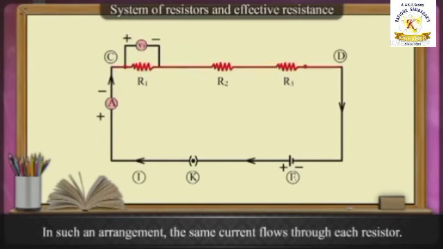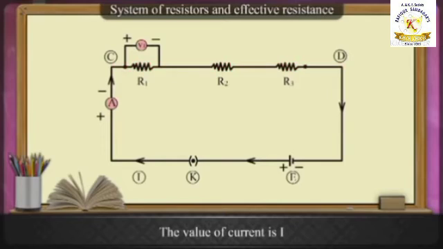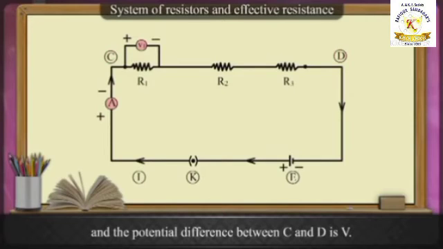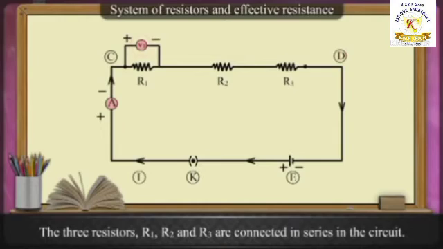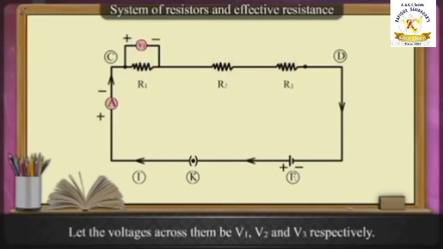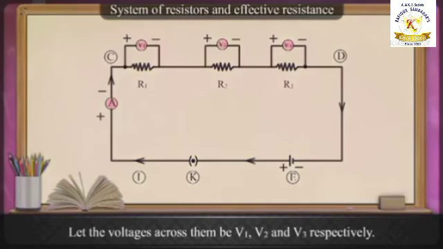In such an arrangement, the same current flows through each resistor. The value of current is I and the potential difference between C and D is V. The three resistors, that is R1, R2 and R3, are connected in series in the circuit. Let the voltages across them be V1, V2 and V3 respectively.